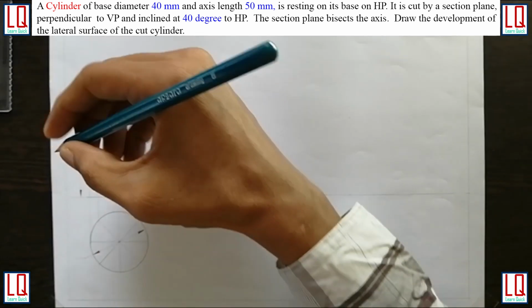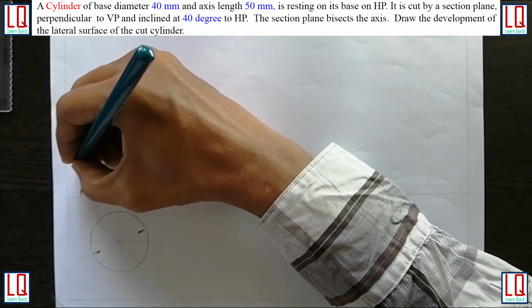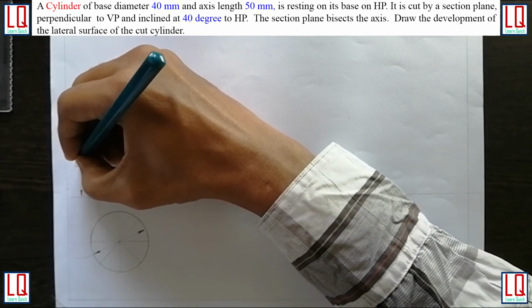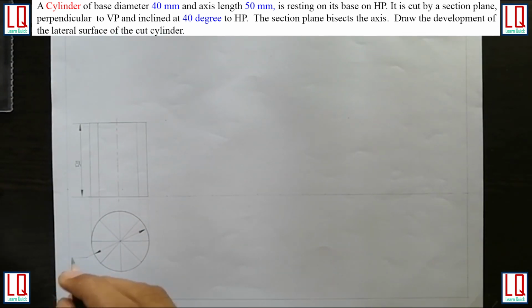So the height of the cylinder is 50 and the diameter of the circle is 40.